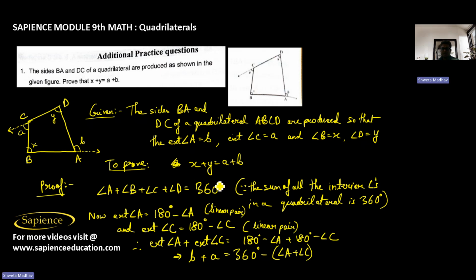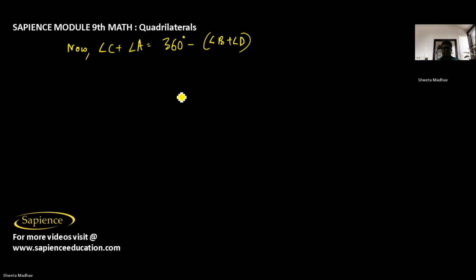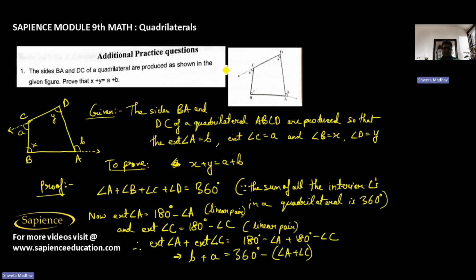Now from here, we can see that angle A plus angle C can be written as 360 degrees minus angle B plus angle D, which is equal to 360 degrees minus x plus 1.